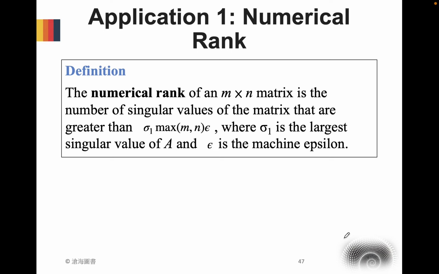Okay, so the numerical rank of an n by n matrix is the numbers of singular values of the matrix that are greater than this value, sigma 1 times max of m, n times epsilon, where sigma 1 is the largest singular value of A, and the epsilon is the machine epsilon.